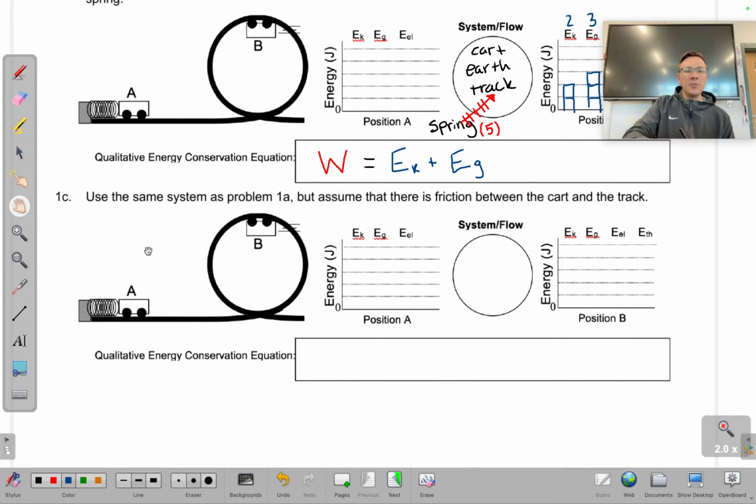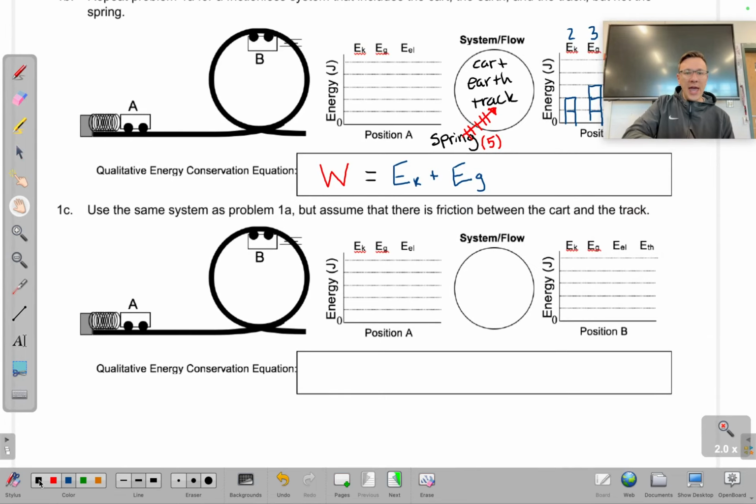It says use the same system as problem 1A, so that's going to be cart, track, earth, and spring. So the spring's back in the system, but assume that there is friction between the cart and the track.